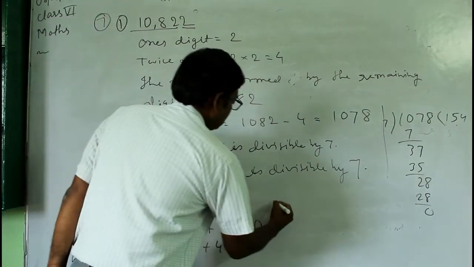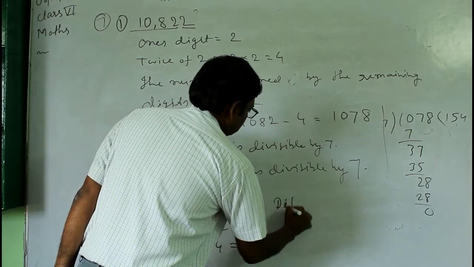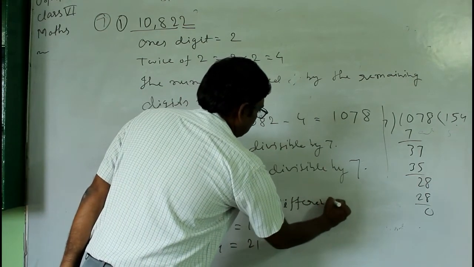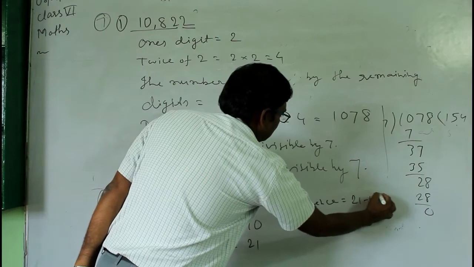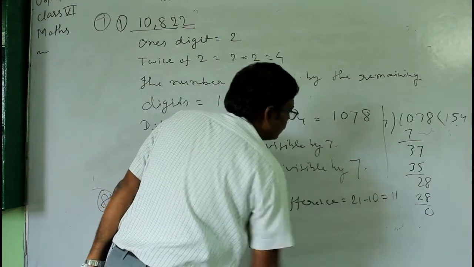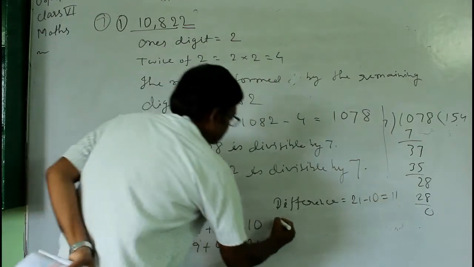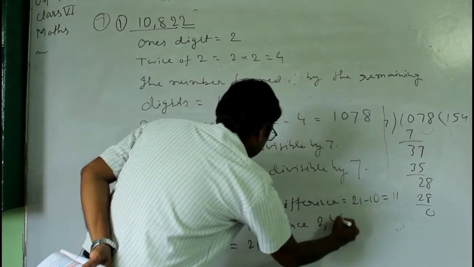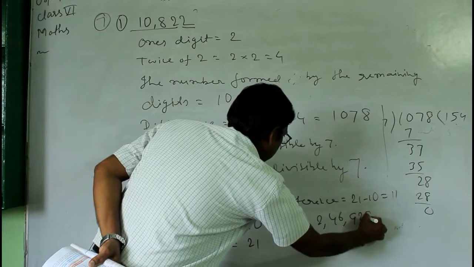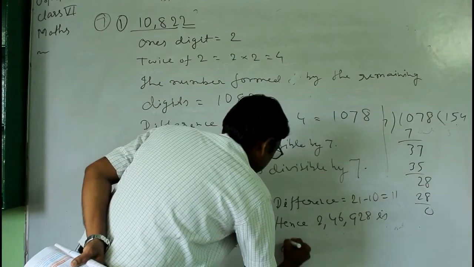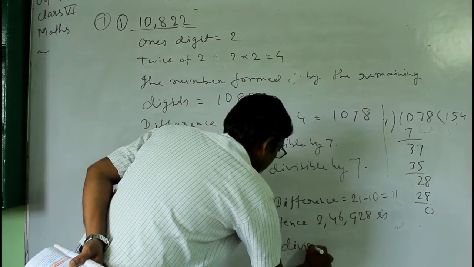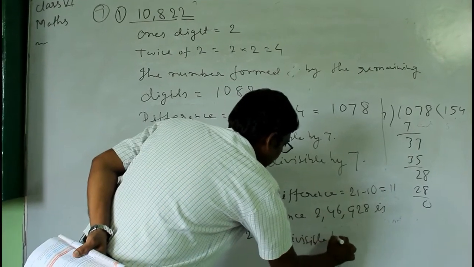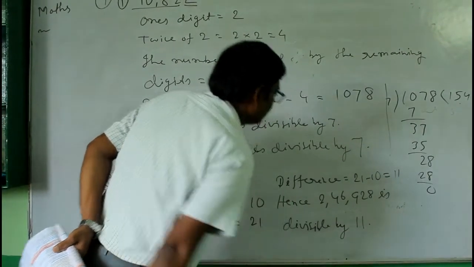Here now difference equal to 21 minus 10, and that is 11. Okay, hence the given number 2,46,928 is divisible by 11.